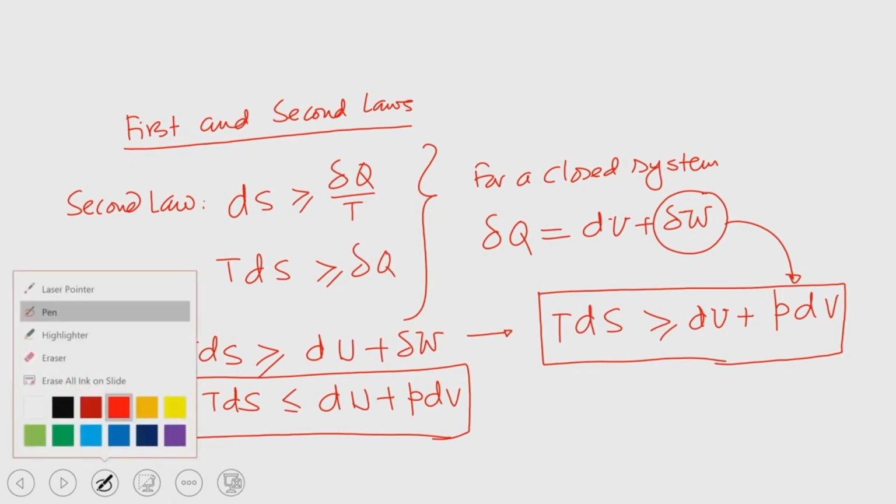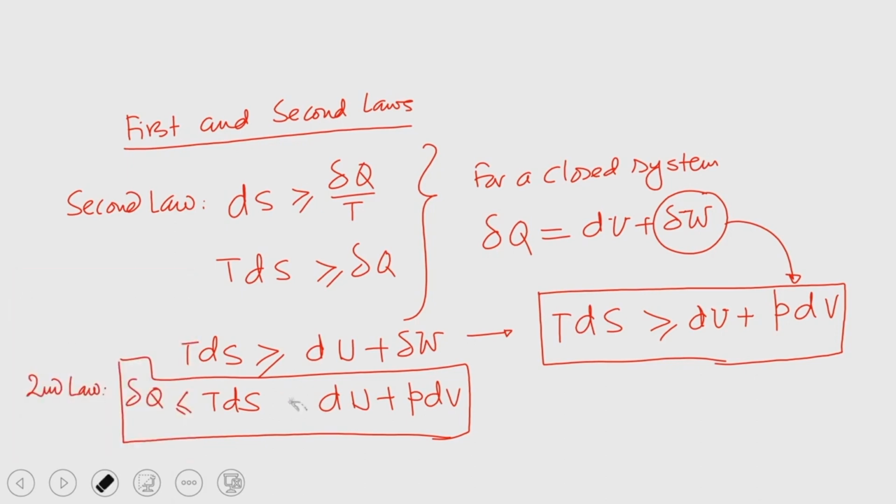So, I can write this as equal: du plus P dV. This is basically T dS equal to du plus P dV if we use only the equality sign. We also can get it from the property relation that T dS is equal to du plus P dV. So, this is what we are getting from the combined first and second law, and this is what we are getting by using the second law and property relation.